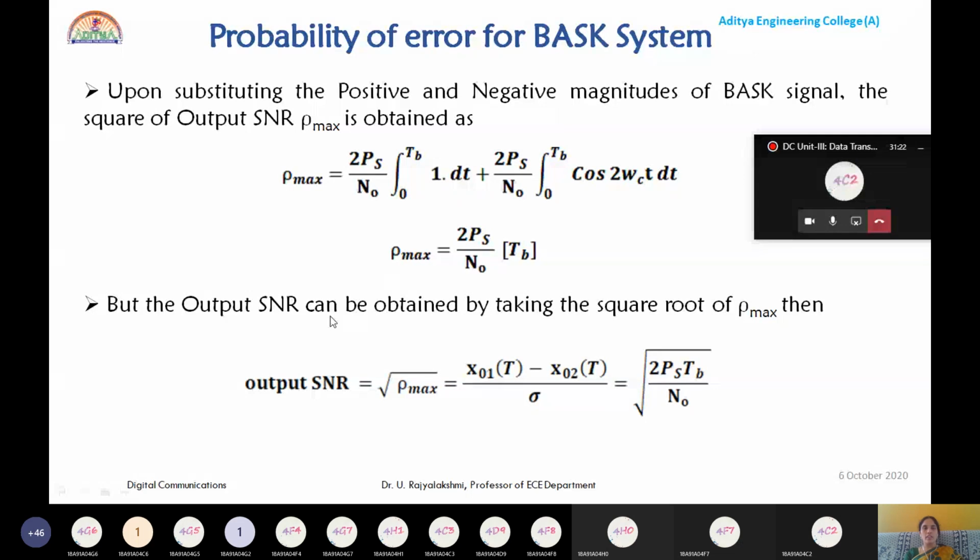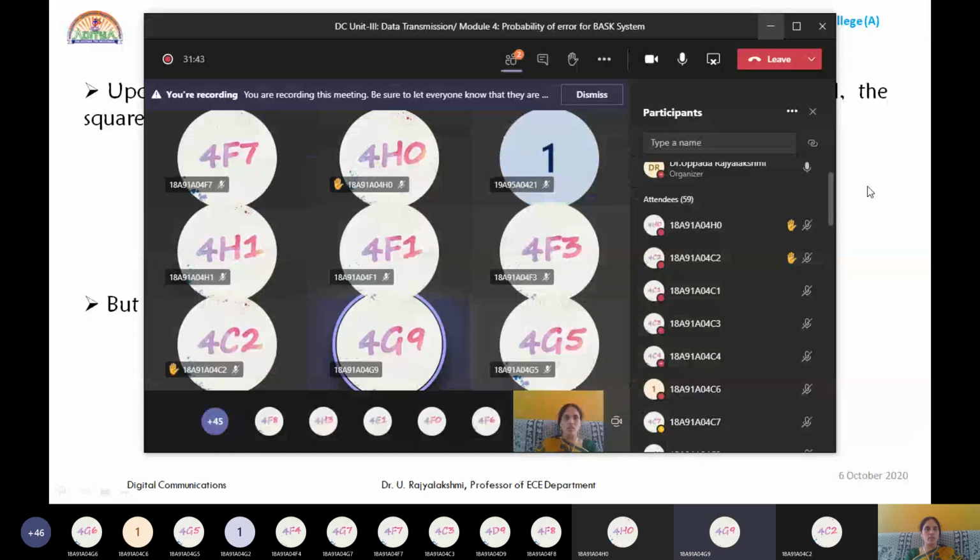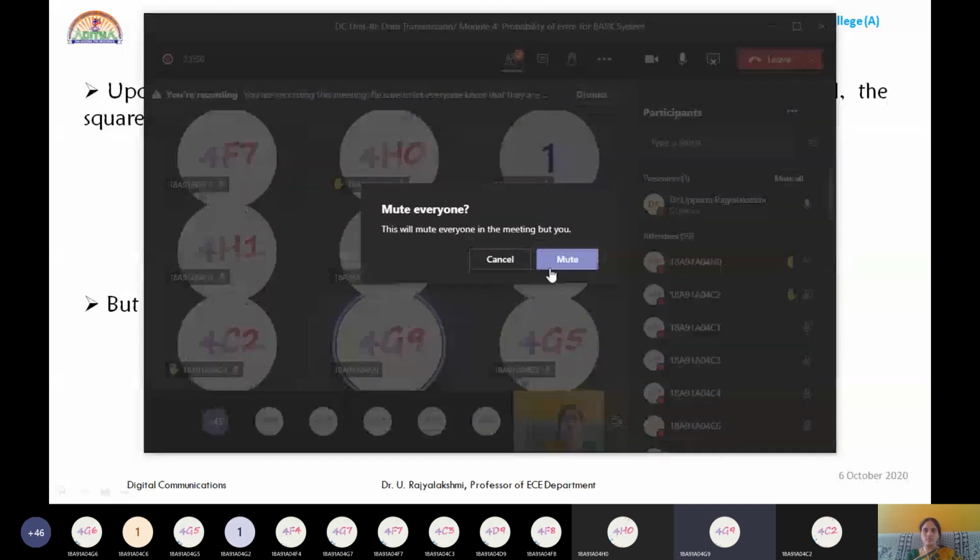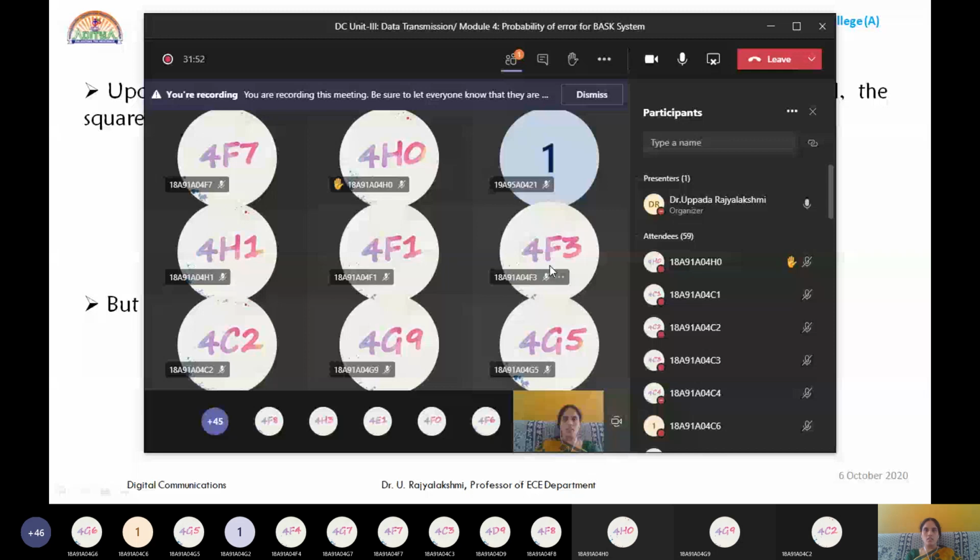In the probability of error expression for the optimum filter, you will get a relation between PE, that is probability of error, and the output SNR.